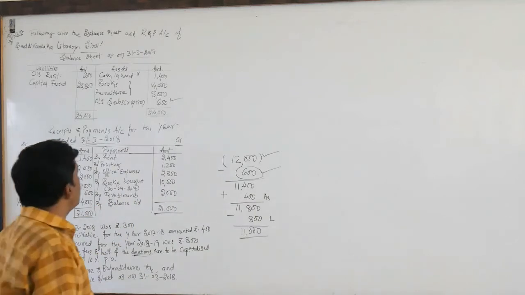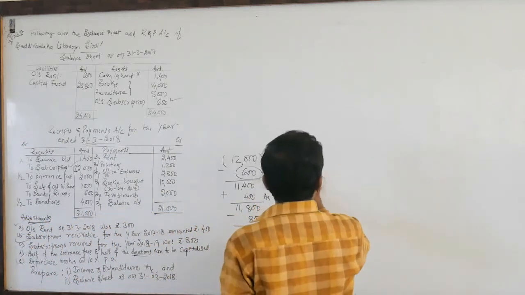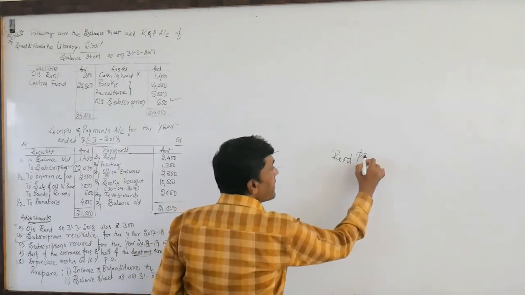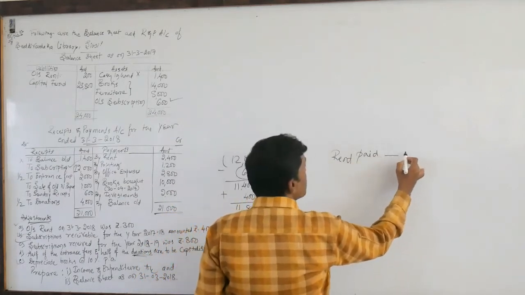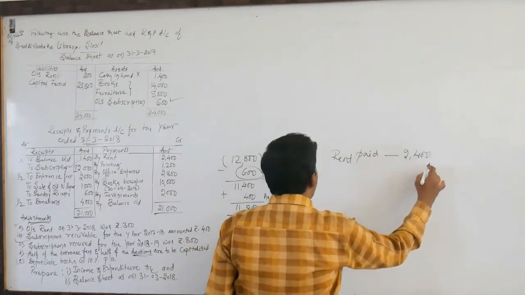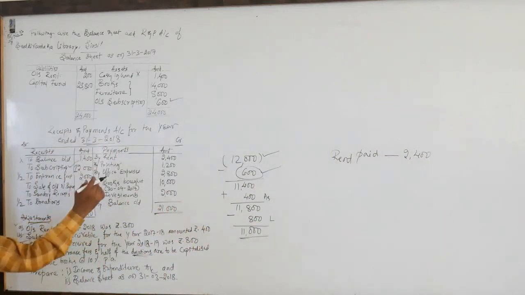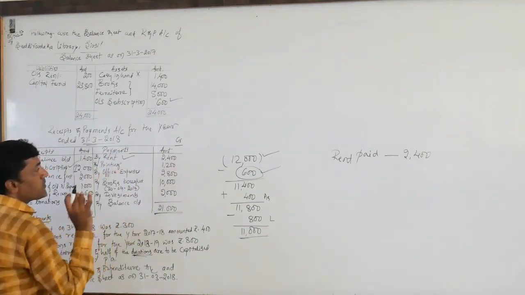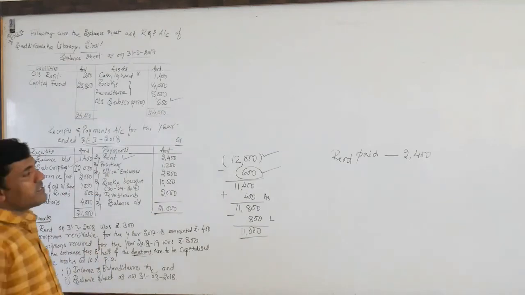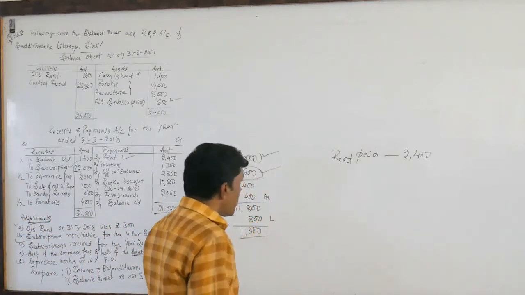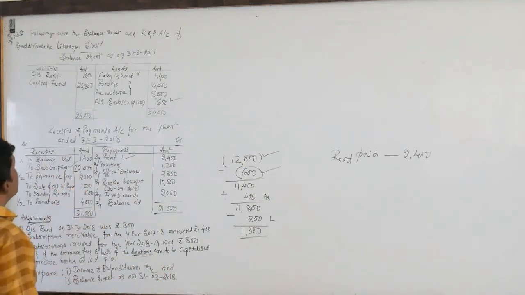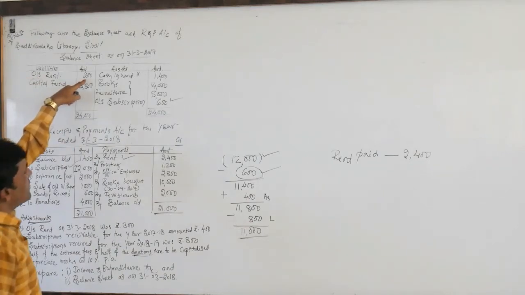Dear students, I'll dictate here. In the current year we have paid rent, rupees 2,400. As per the receipts and payment account, on the payment side, rent paid is rupees 2,400. This is not entirely for the current year, because it includes the last year payable amount of rupees 200.